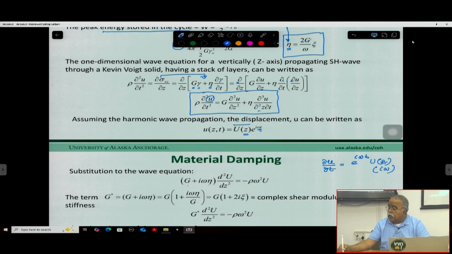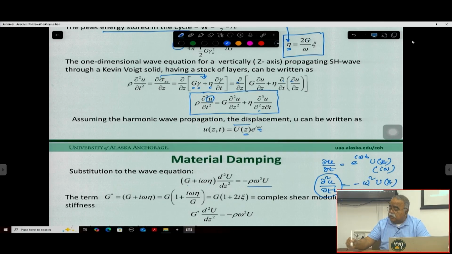If you do du dt squared again, it will again give i omega, so it is i times i, which is i squared. So this is i squared omega, meaning minus omega squared, multiplied by u. So d2u dt squared equals minus omega squared u.